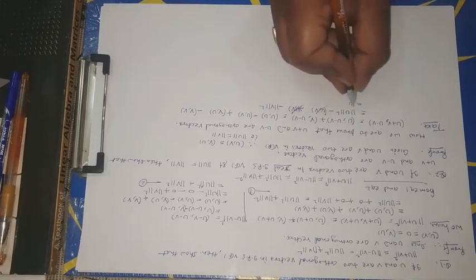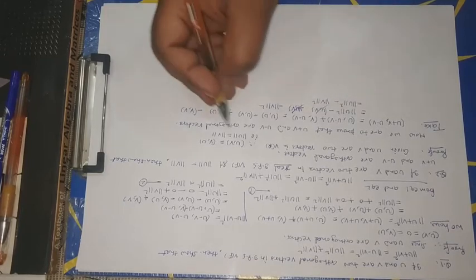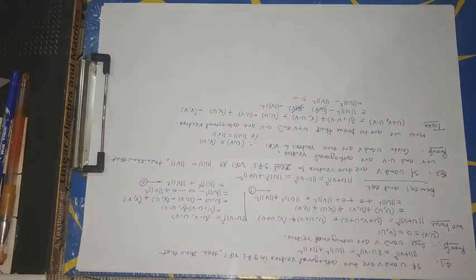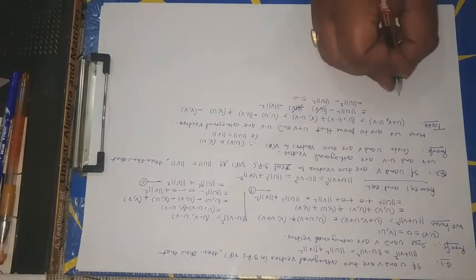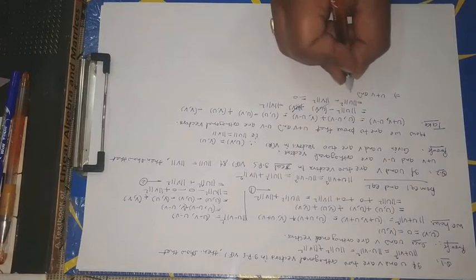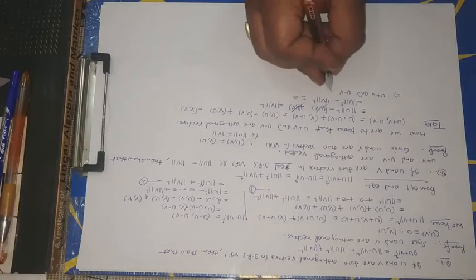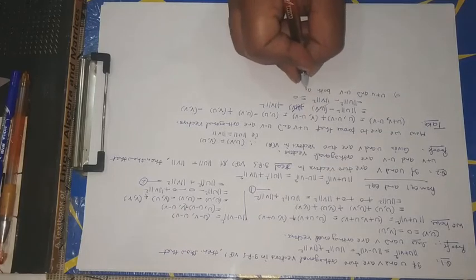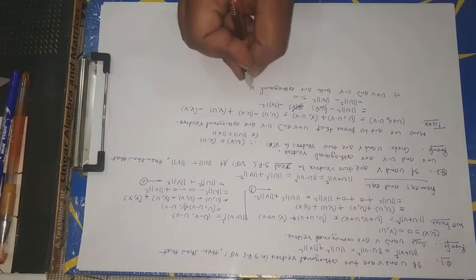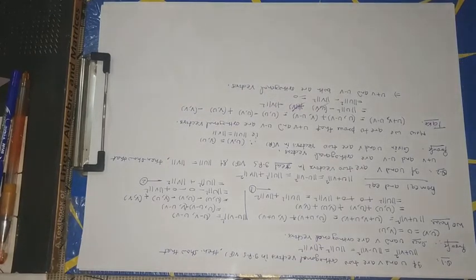This is equal to the norm of u squared minus the norm of v squared. But the norm of u is equal to the norm of v, therefore this is equal to 0. This implies that u plus v and u minus v both are orthogonal. Okay, both vectors are orthogonal.